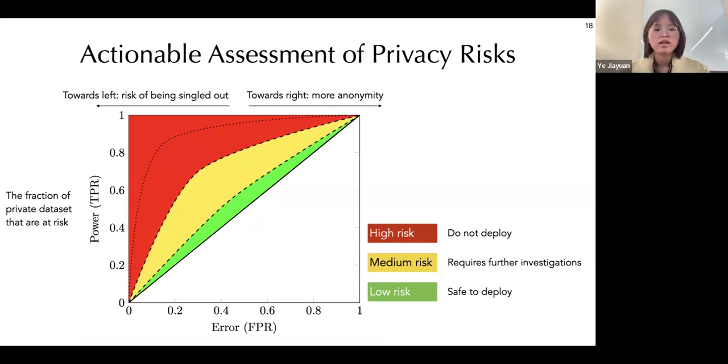Because here you achieve a very high true positive rate, which means you predict correctly for members. And you also have a very low false positive rate, which means you make very little mistake on non-members.